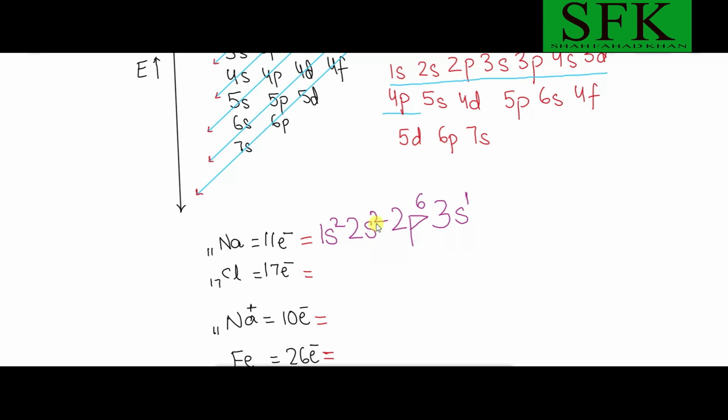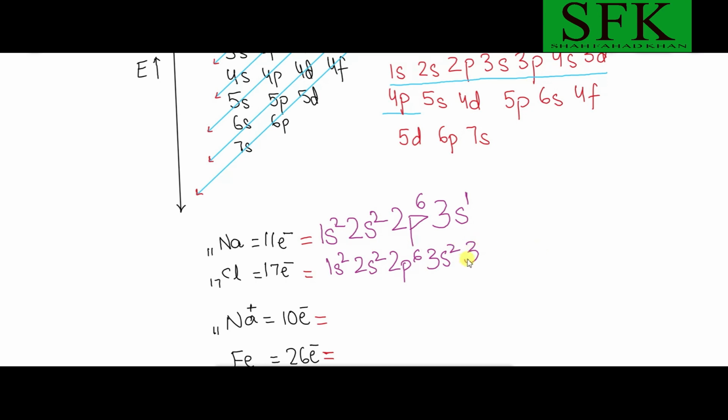Next is chlorine. Again, follow the Aufbau principle. The 1s is filled first. 1s has a maximum of 2 electrons, so the 2 goes in. Then the 2s with 2 electrons, the 2p with 6 electrons, and the 3s with 2 electrons, so 12 electrons have been taken care of.